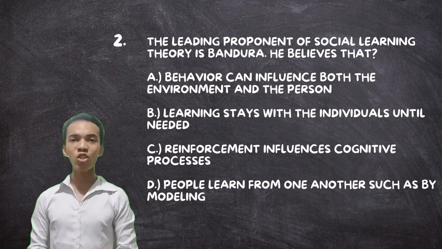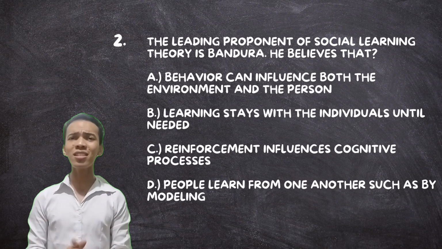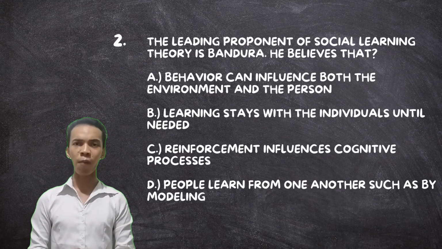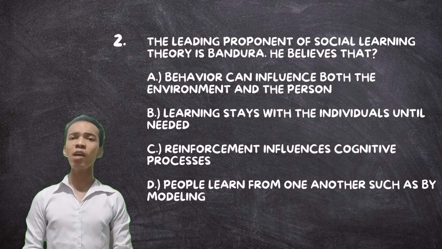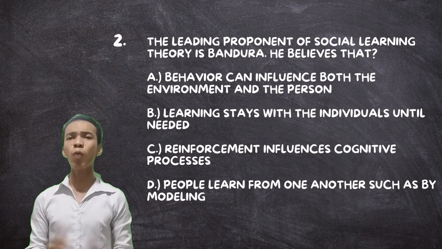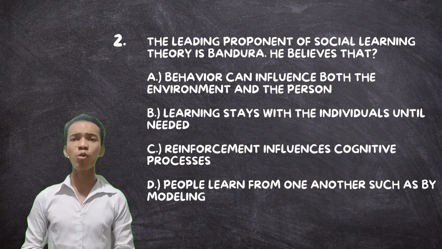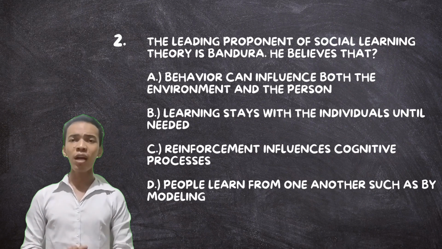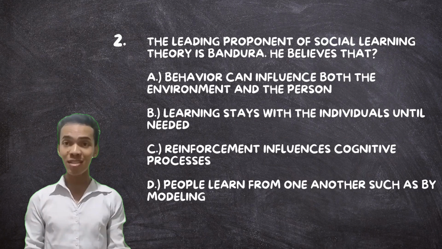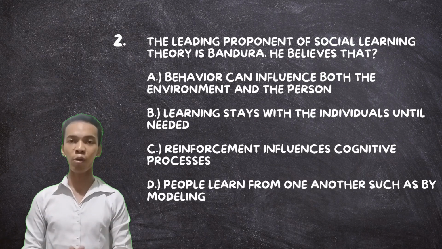So in this question, let's identify what our answer is. Going back to the question, it talks about the theory of Bandura. Option A says behavior can influence both the environment and the person. It's the connection between our behavior and the society or the environment.